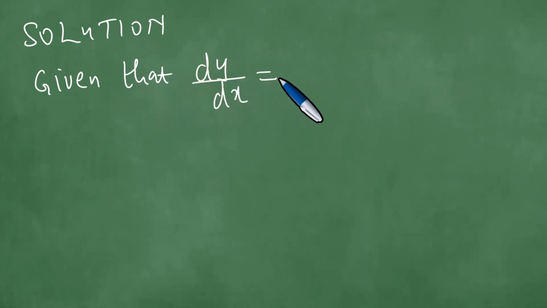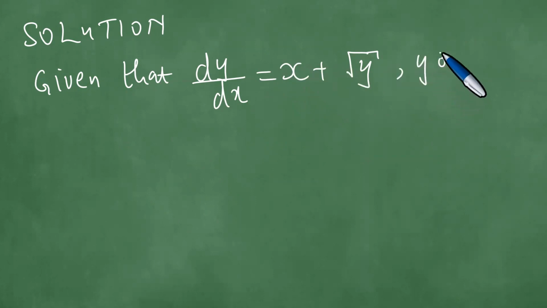Given that dy/dx equals x plus the square root of y, and y at 0 is the initial value, which is 1.